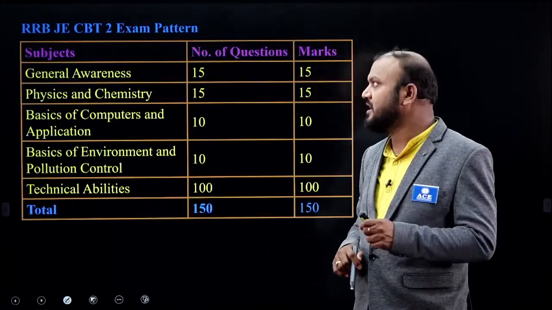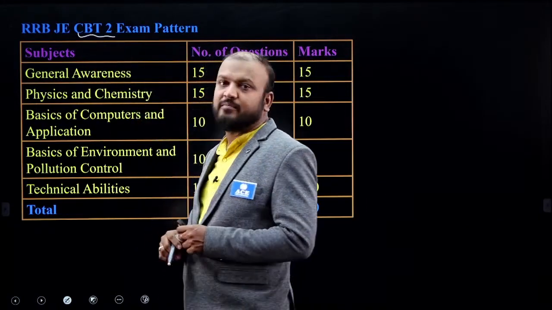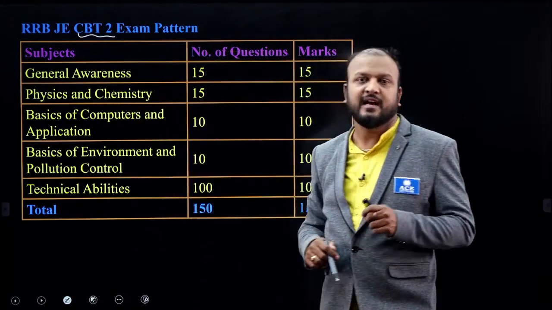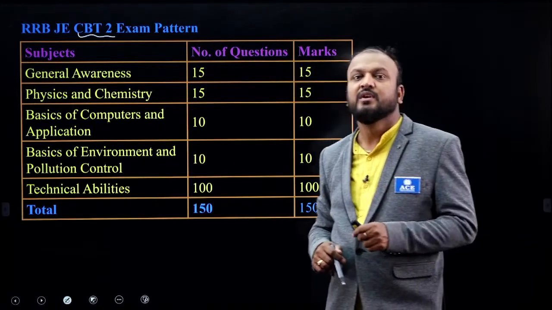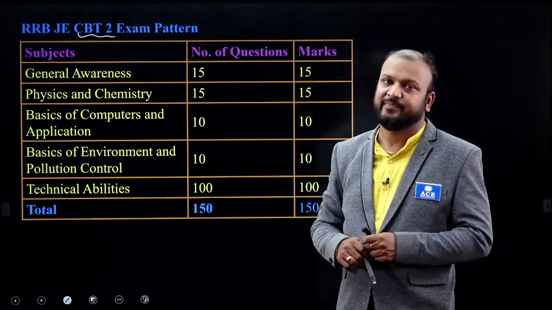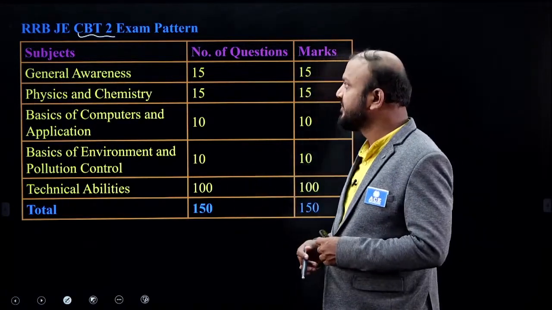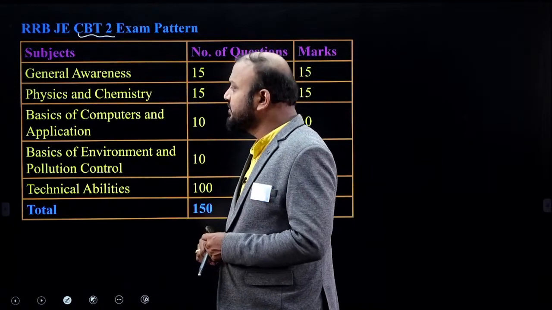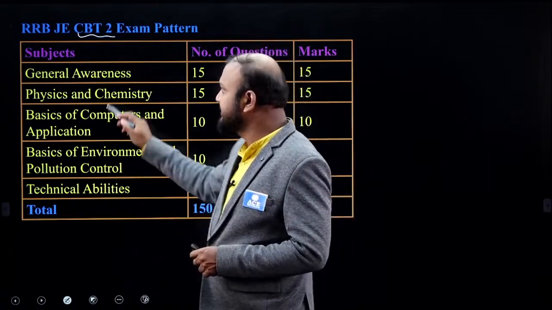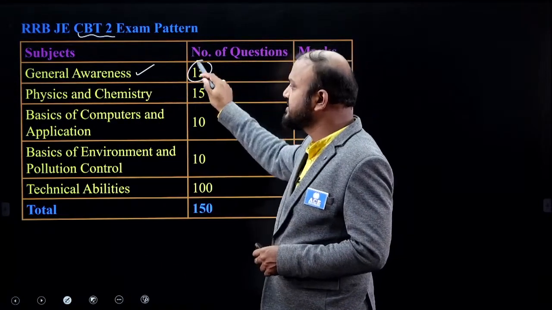And coming to the RRB JE CBT 2 exam, for your marks to be calculated for RRB JE CBT 2, you need to qualify for the RRB JE CBT 1 exam. What the cutoff marks are, we are going to discuss. The CBT 2 exam will have topics on general awareness, 15 questions.